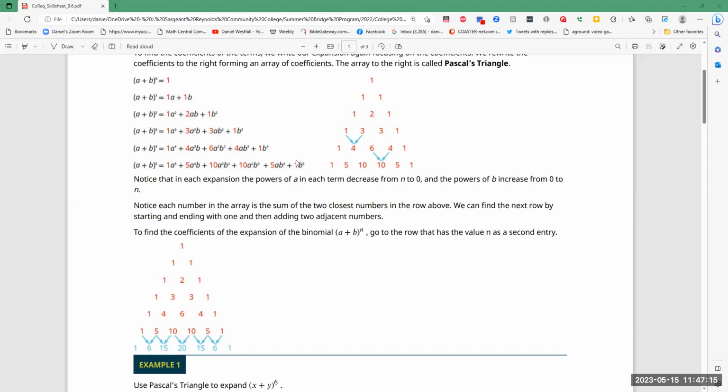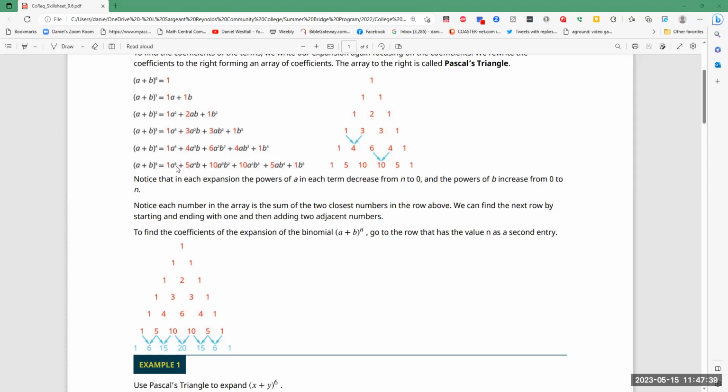And the powers of B increase from 0, that there's 0 B's here, all the way to B to the 5th. And together, the A's and B's have to always add together the powers of them to give you this degree here. So the degree of each term is always going to be degree 5 in this 5th degree binomial expansion.